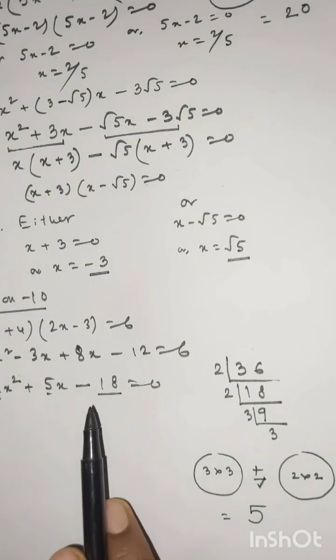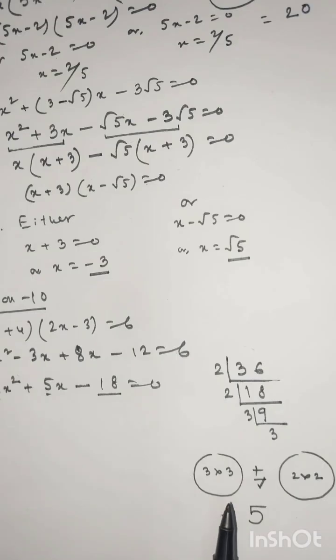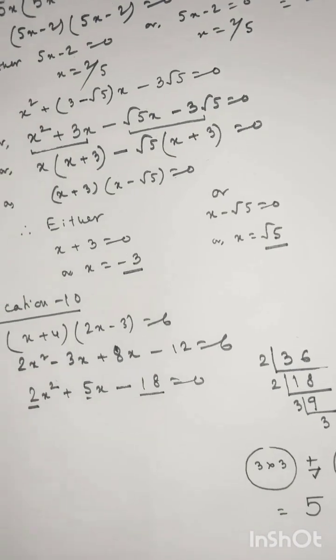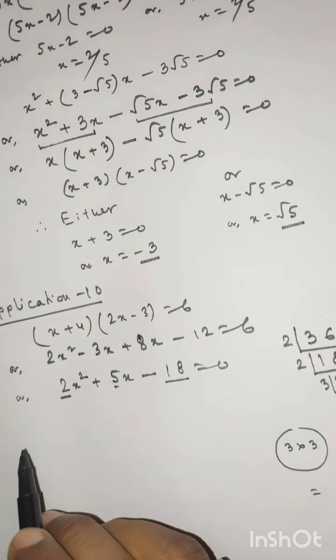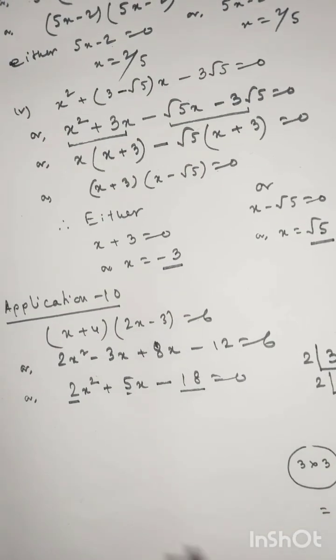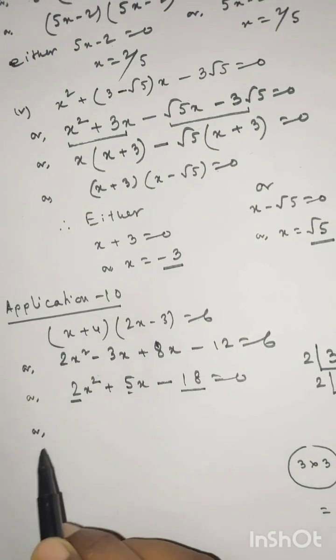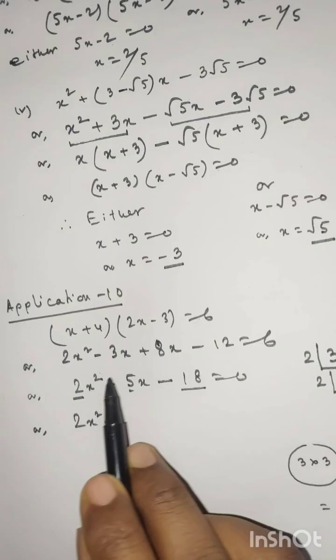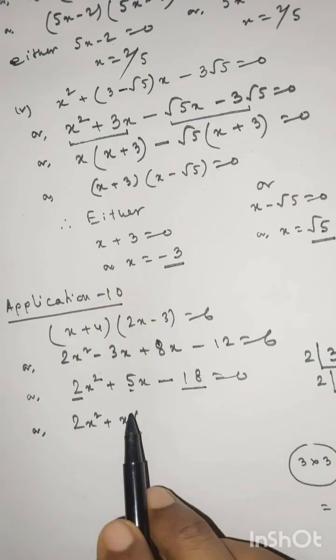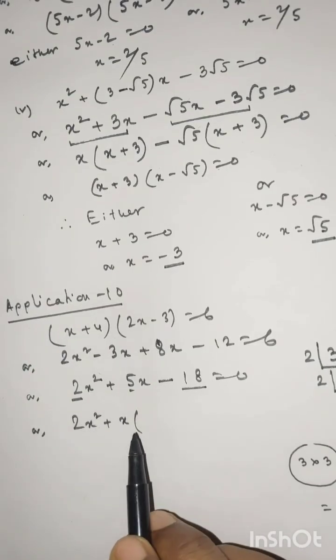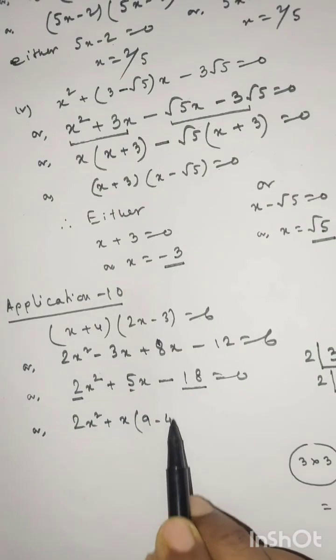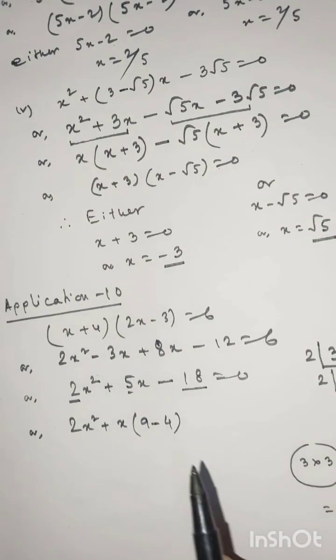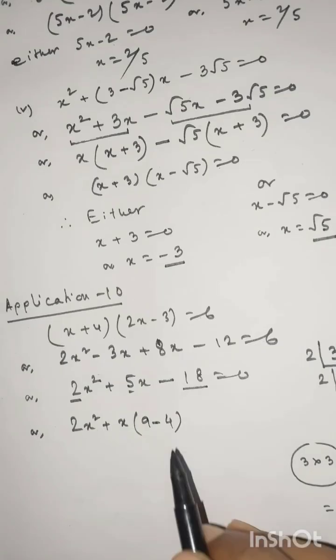So we are going to break this middle term as 9 minus 4. I am writing x before 5, and I am writing 9 minus 4 instead of writing 5.